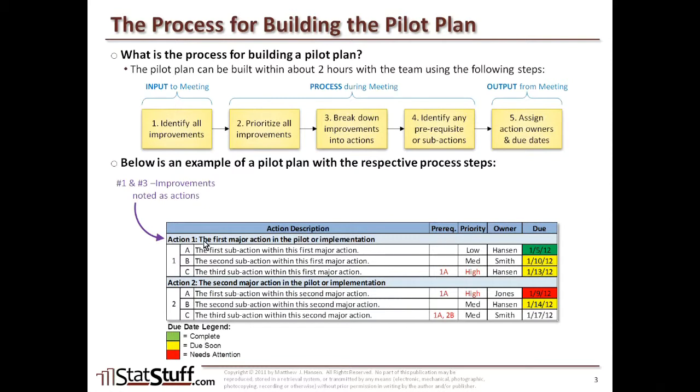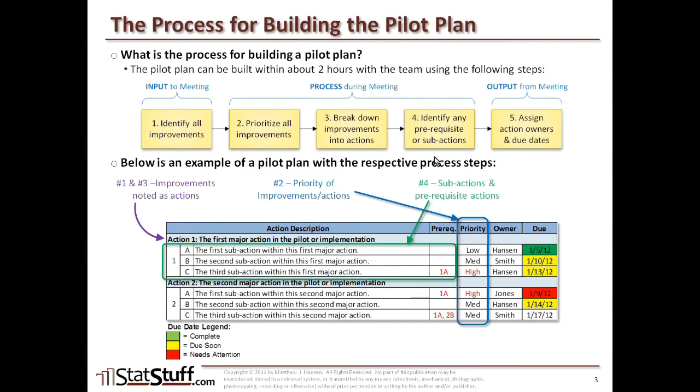You have one primary improvement listed up here that's made up of these sub-actions underneath, the first, second, and third sub-action, all associated with this first action. And then so on for every one of those critical actions or improvements that you've identified. And then over here, number 2, where you're prioritizing the improvements, this is where that portion is identified, where you're trying to set the priority for all those sub-actions.